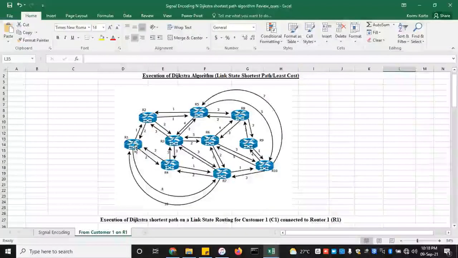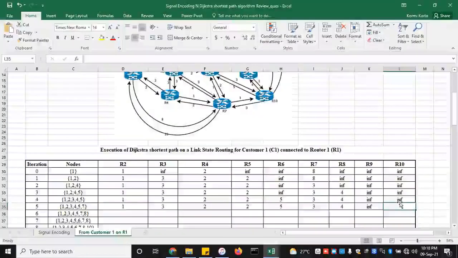If you were to go directly 7 route, direct 7 route, it will cost you 8 plus 1, which is 9. But if you were to go through only 2 nodes just to get to 10, it will actually cost you 9 metrics. But if we were to go through 3 nodes, which is from R1 to R4 to R7 to get to R10, the cost involved is 2 plus 1 plus 1, which is 4. Right? So now I think 10 is actually 4.